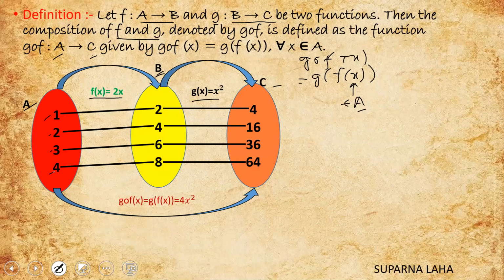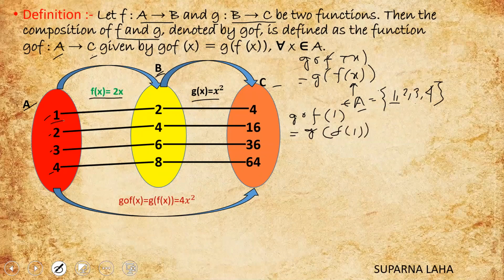That means the input for this function f is 1, 2, 3, 4. Clear? So let's calculate g of f of the first element, 1. That means g of f of 1. Now what is f of 1? f of 1 is 2. So g of 2. Now what is g of 2? g of 2 is 4, by the definition of the function.